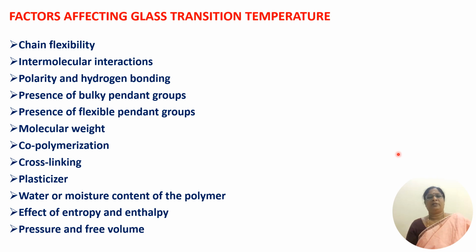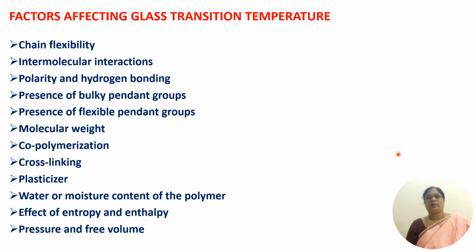The third one is the polarity and hydrogen bonding. Polarity and hydrogen bonding significantly influence the glass transition temperature by affecting intermolecular interactions, which in turn restrict chain mobility and increase the temperature required for the transition from a glass to a rubbery state.